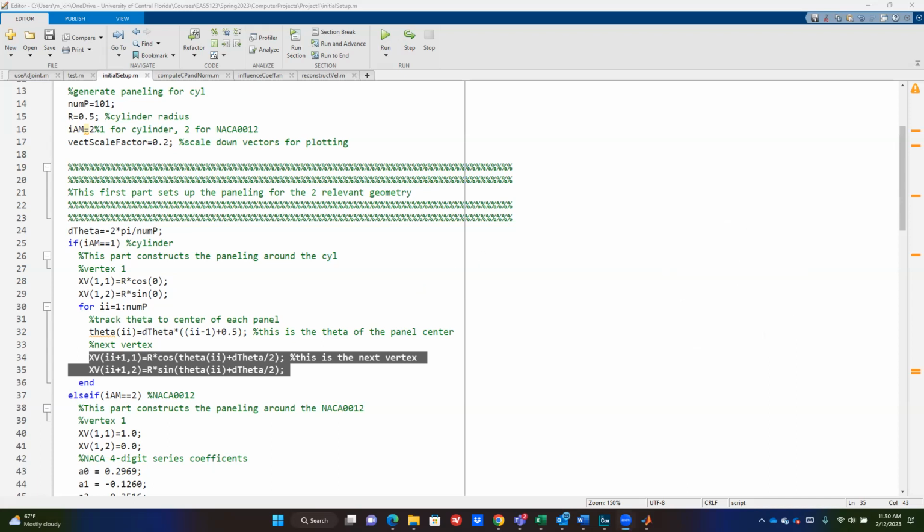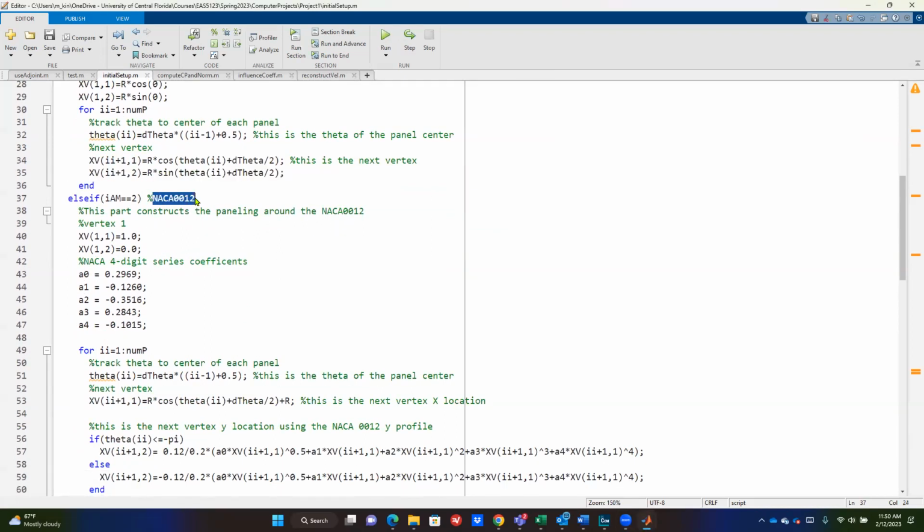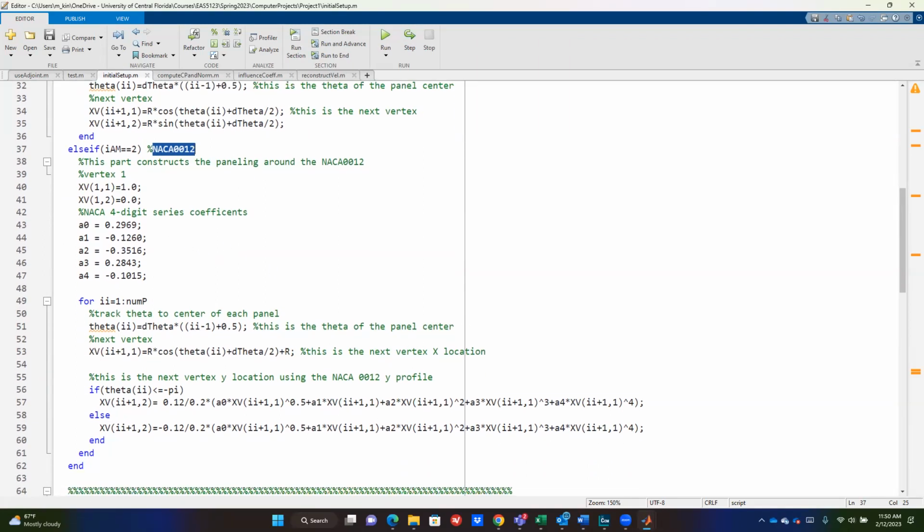We also have the airfoil. It's an NACA 0012 airfoil. Here it starts at the trailing edge of the airfoil, so we start right here. These are our coordinates. This is at 1, this is 0, and it starts with the first point here. Then you can see it finds a theta to the center of the panel.